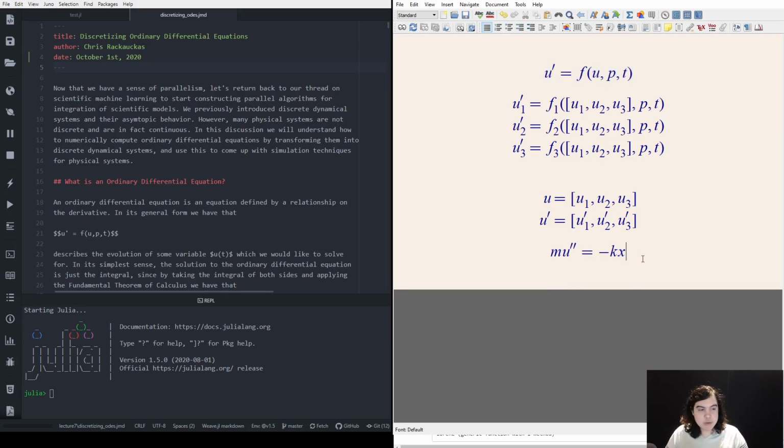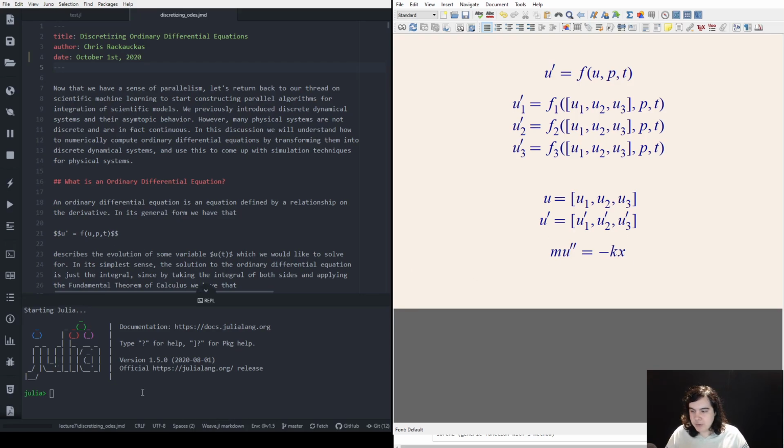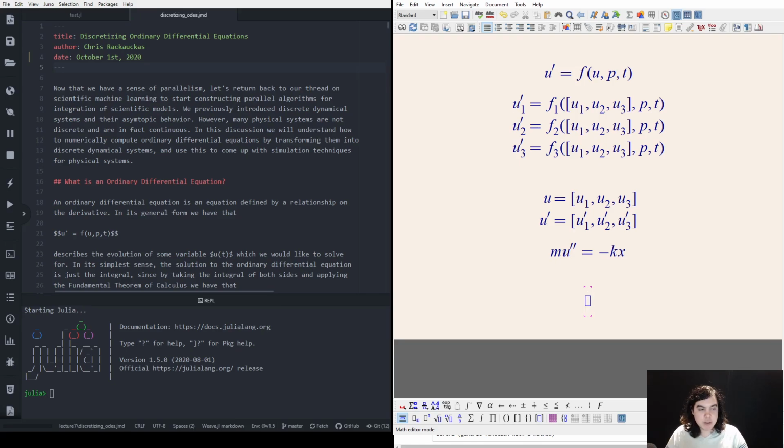Well, what we can do is we can say that the velocity is just the first derivative of u, right? So we actually have, this should be u, right? So this is the spring equation with Hooke's law. And so what we can do is we can say, well, u prime equals v. This is the velocity, right?